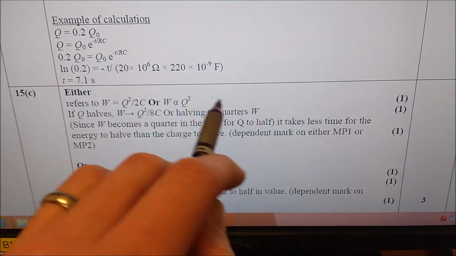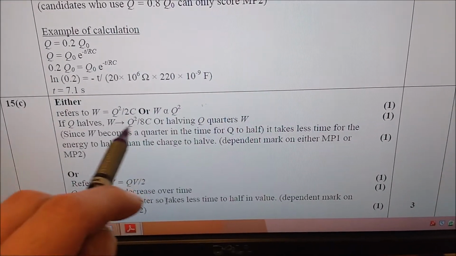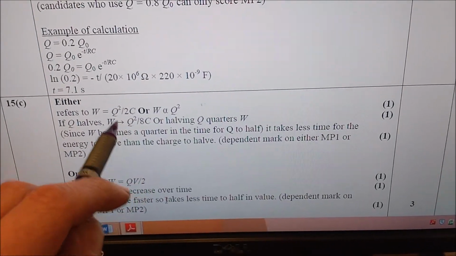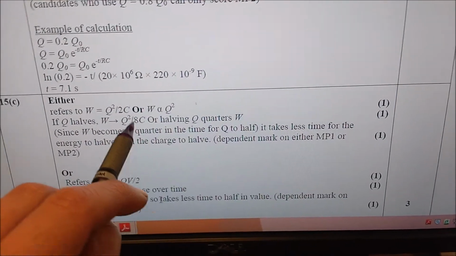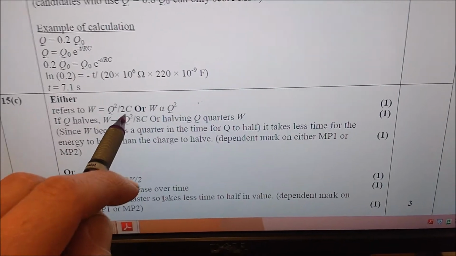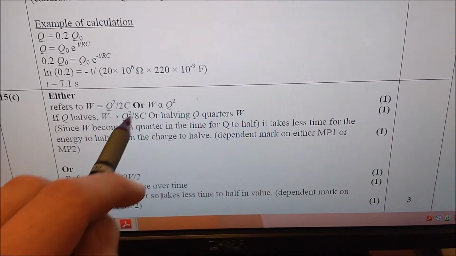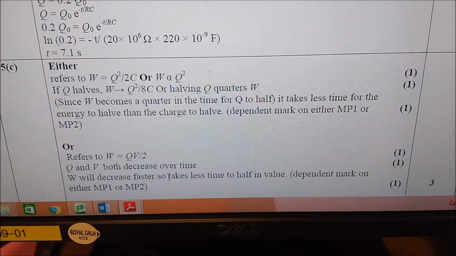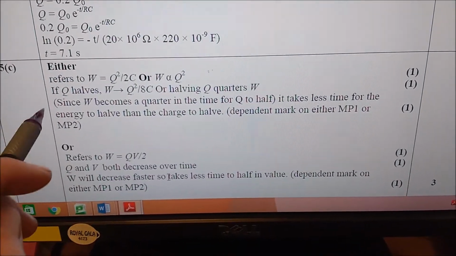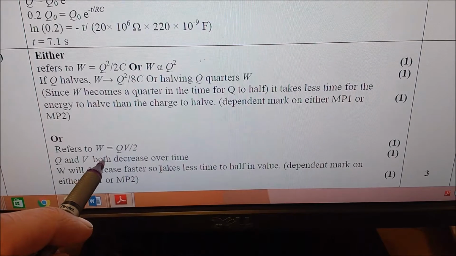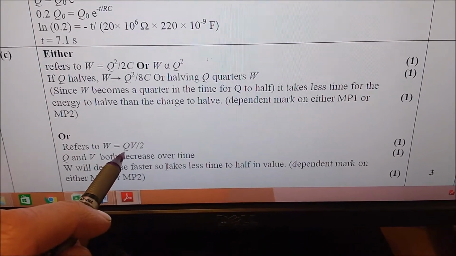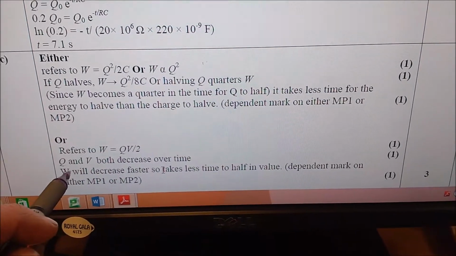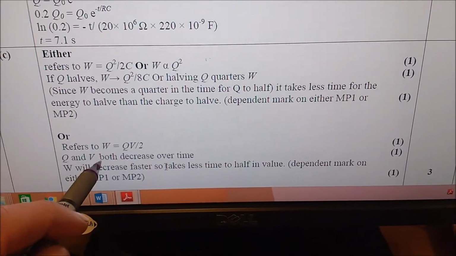It's a dependent mark on either of these two, so you'd have had to have actually had some proof. You couldn't just sort of guess. It did say use an equation in the question, so you had to have something along those lines there in order to get that mark. Or a reference to energy stored is half QV. Q and V both decrease over time, which is what I said, didn't it?